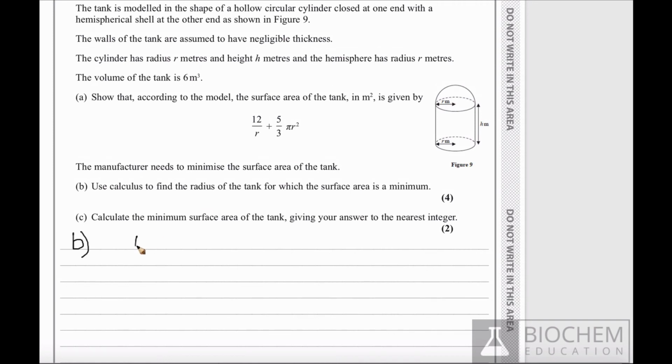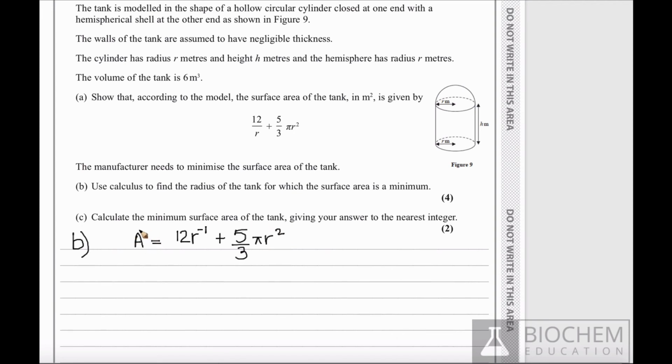So we can write this as A, which is the surface area, equals 12. Now we will have to remove the r from the denominator and write it in the numerator as r to the power of -1 plus 5 over 3, which is a constant, pi r square.